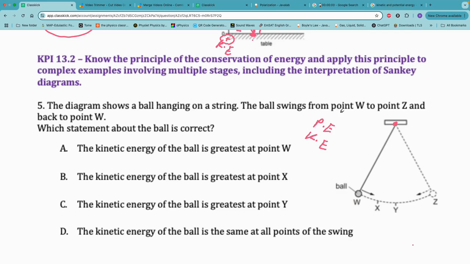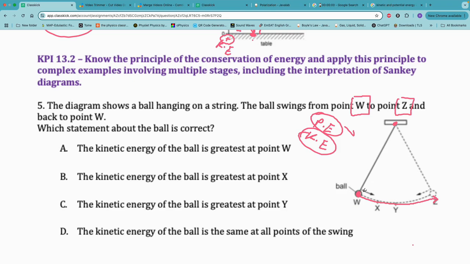The ball swings from point W to point Z, so from W to Z here and back to W again. Which statement is correct? Obviously, here we can notice that when a pendulum is swinging between 2 points, there's a change of position, automatically a change of potential energy, and kinetic energy is going to be changed as well.